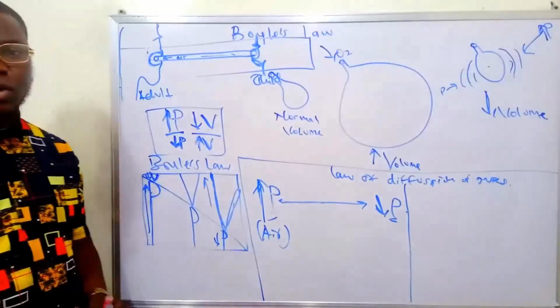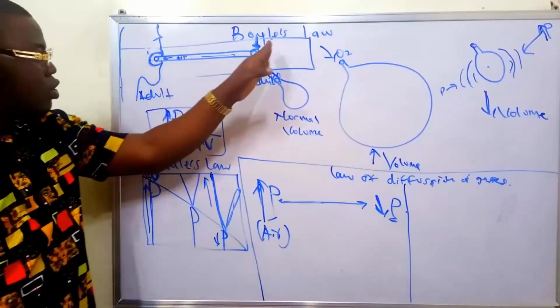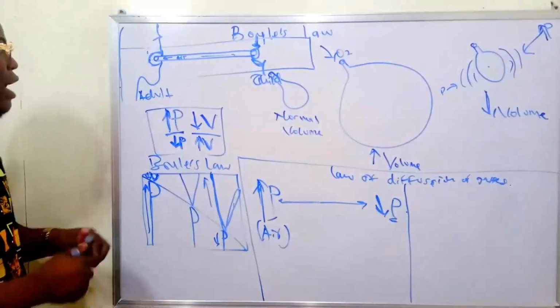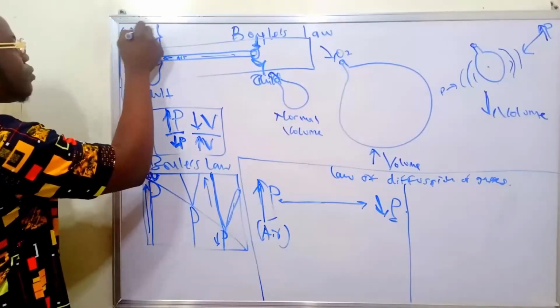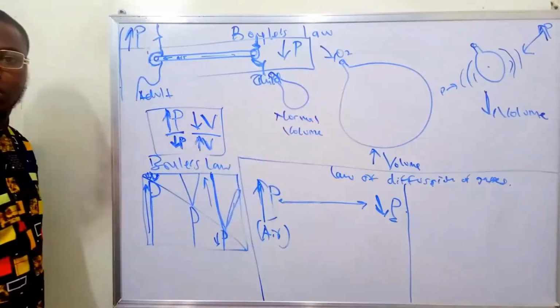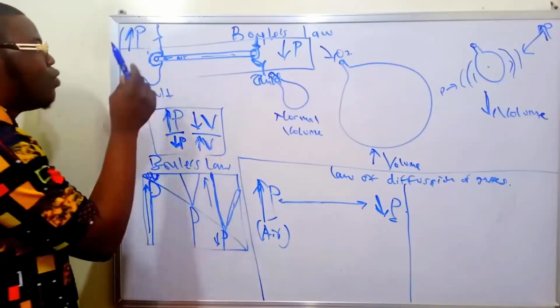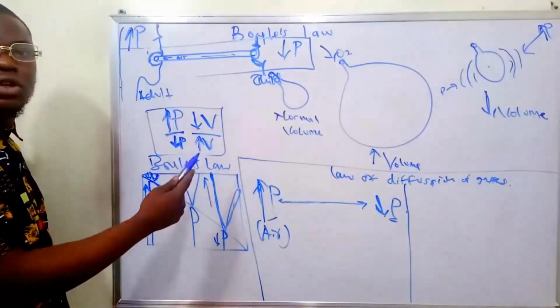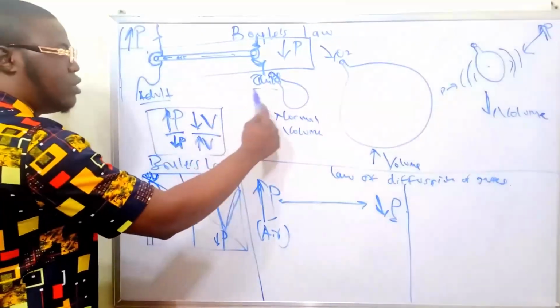Now let me ask you, the pressure of these two guys, are they going to be the same? No. The adult will have a higher pressure, and then the child will have a lower pressure. Now tell me, who is going to be able to push air more into the other's mouth? Is it the adult or the child?